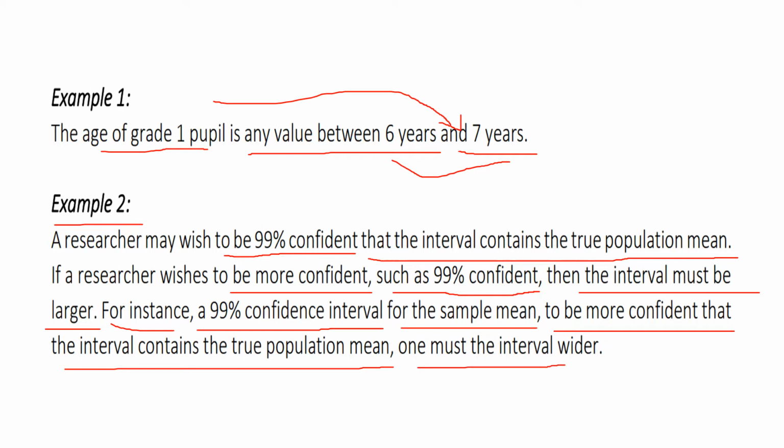One must make the interval wider. So again, for us to be more confident as a researcher, if we assume that the true population mean will fall within the set interval, then our interval must be larger, or wider.